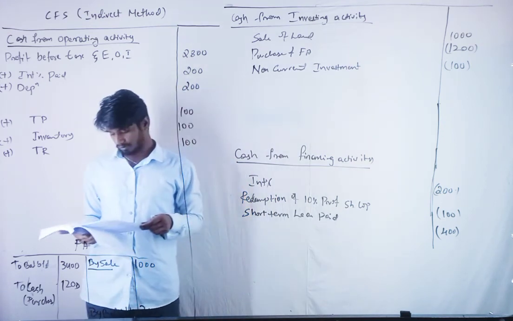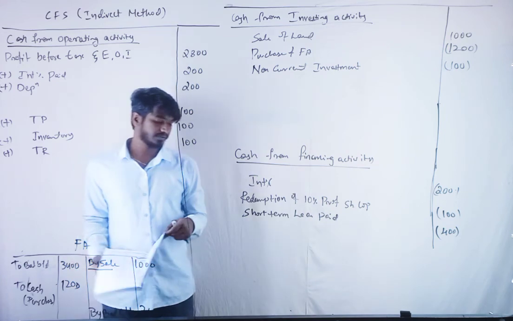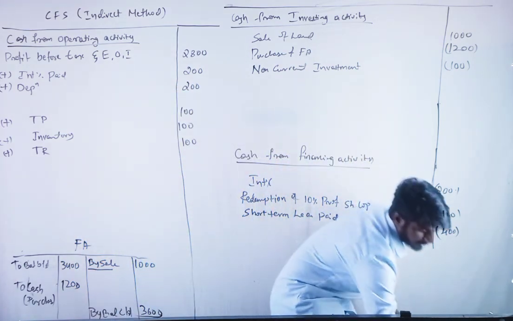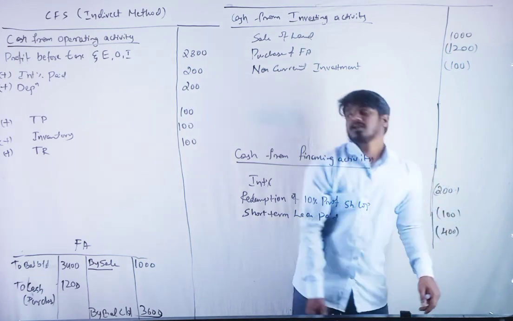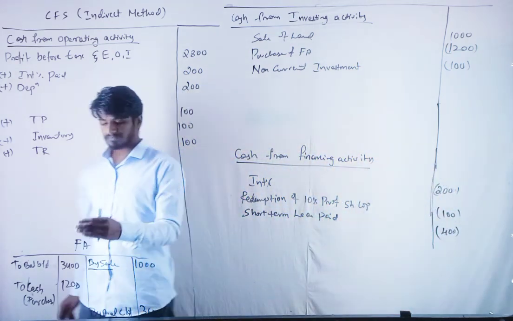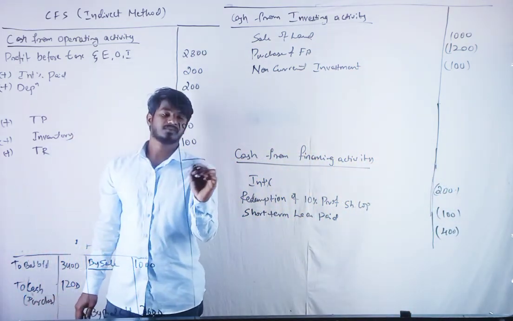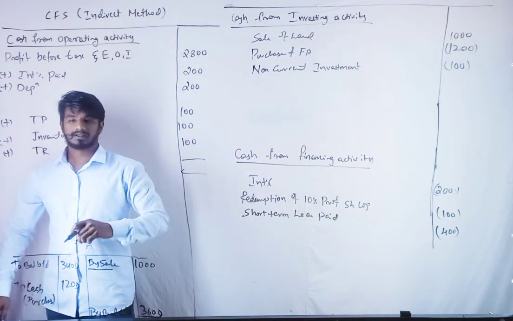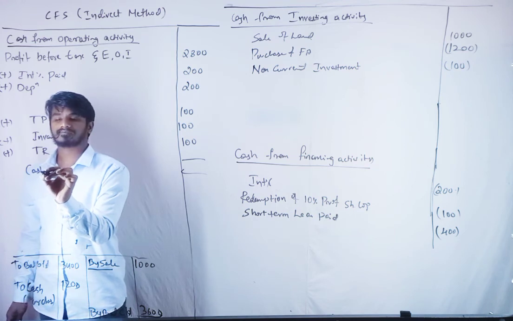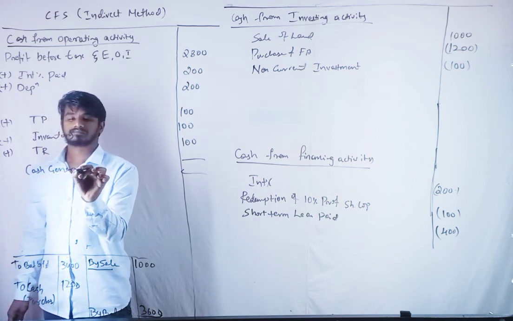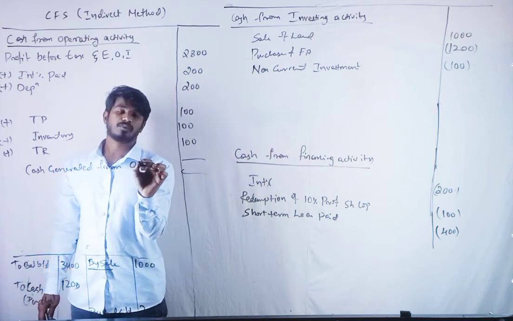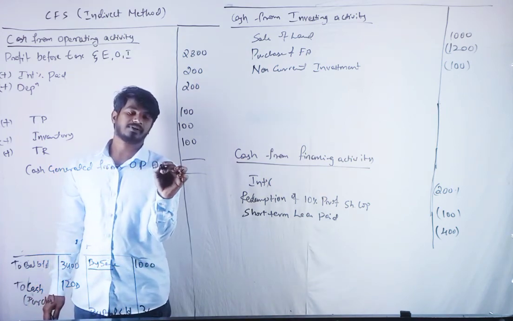Okay. Shall we finish this? Let me take my calculator. Okay, how much is it? Cash generated from operating activity.